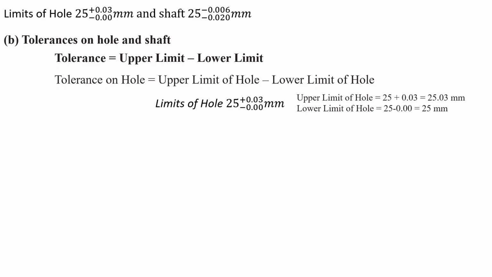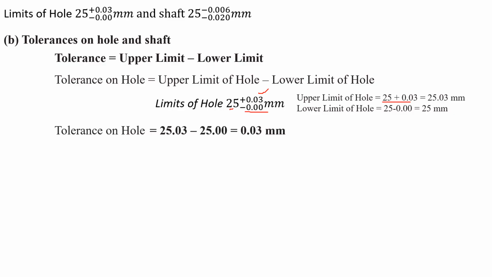In the data the limits of the hole are given. The upper limit of the hole is 25 plus 0.03 mm, which is equal to 25.03 mm. Similarly, the lower limit of the hole equals 25 minus 0.00, which is equal to 25 mm.